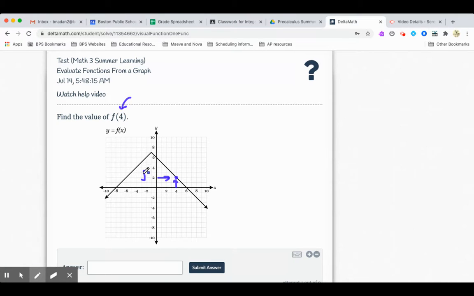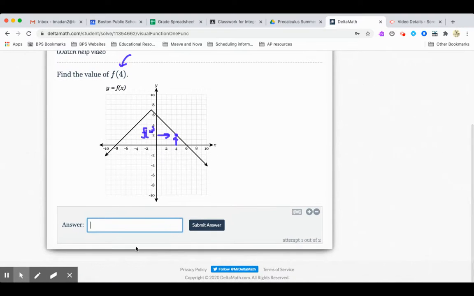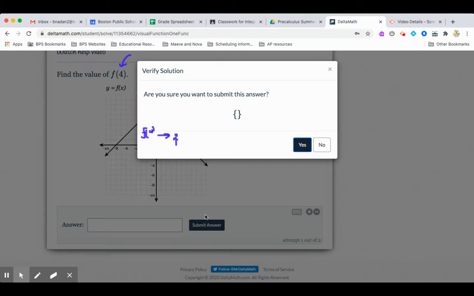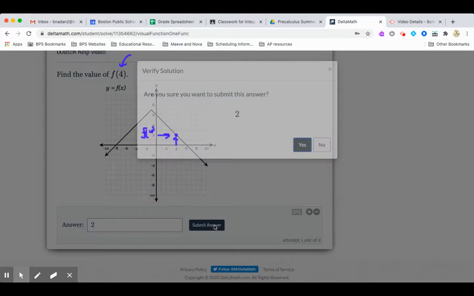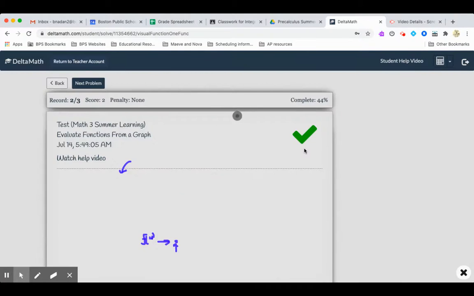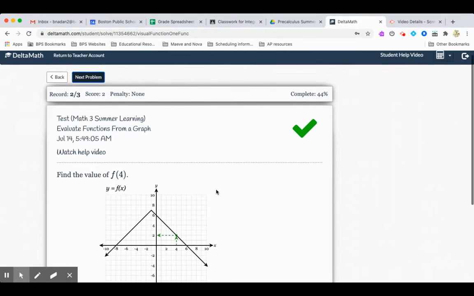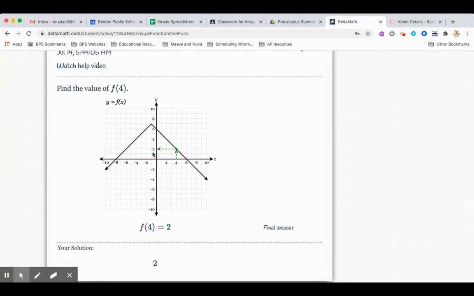So this would be f of 4, which is just the number 2. So I'm going to type in 2.